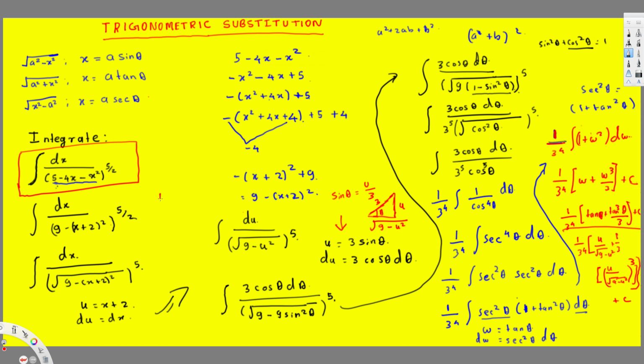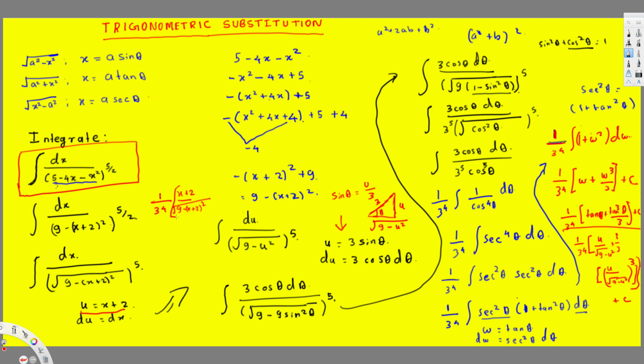So this is going to be 1 over 3 to the power 4. Instead of u I am plugging x plus 2 right here. So x plus 2 over the square root of 9 minus x plus 2 square.